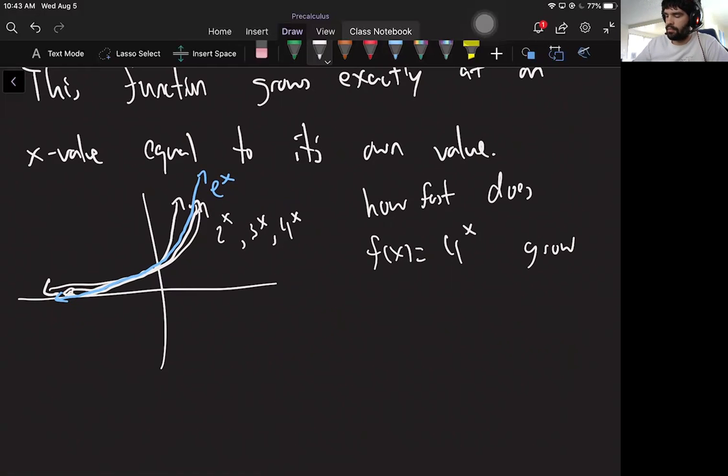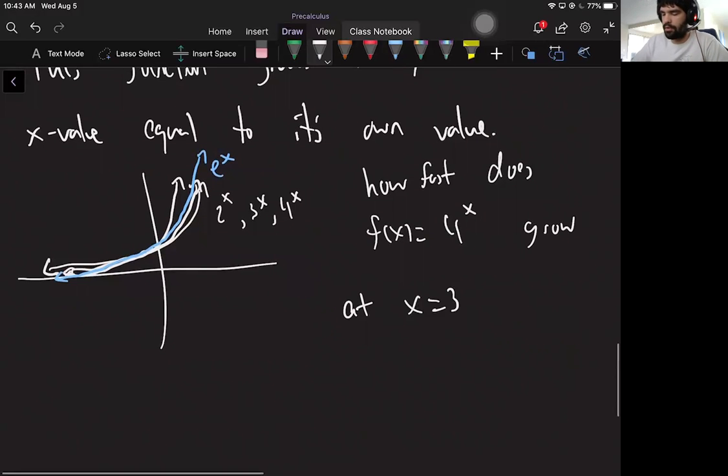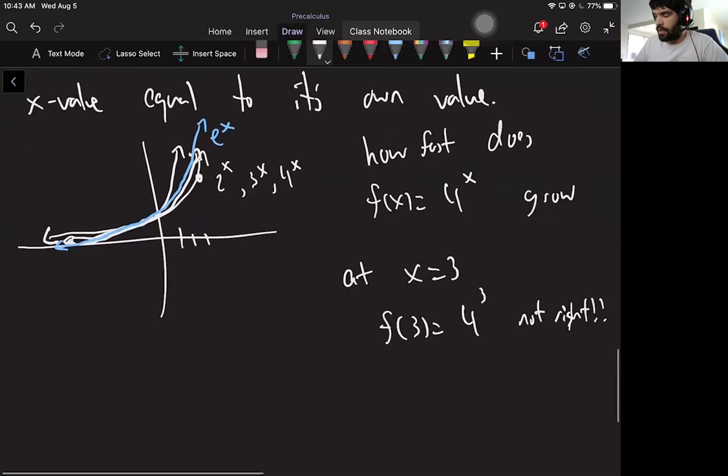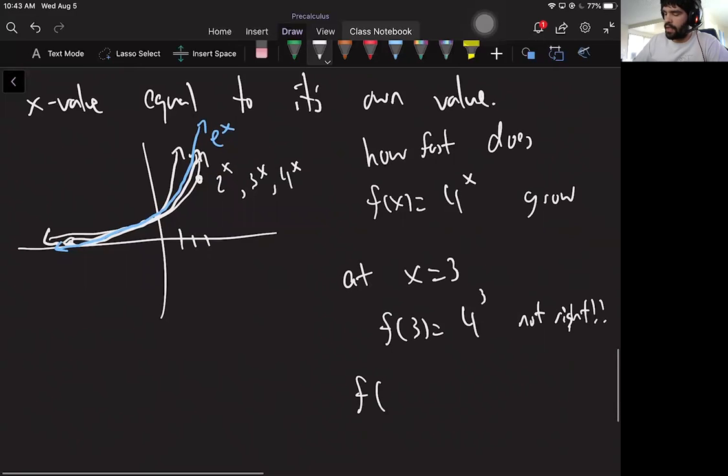So what I mean is, if I just want to know at x equals 3, how fast does it grow when I get to 3? For this guy, you can't just plug in 3. That's not right. But for e to the x, this actually turns out to be exactly the answer.